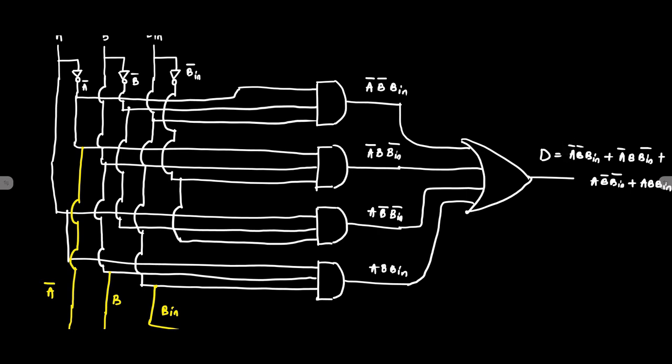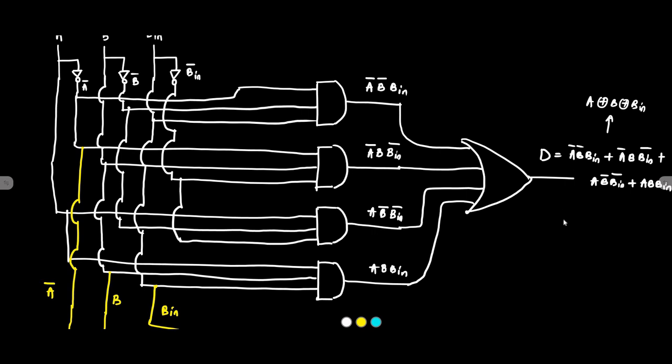In that case we used a single 3 input XOR gate, but here we had to use 4 3 input AND gates and a 4 input OR gate for that single 3 input XOR gate.